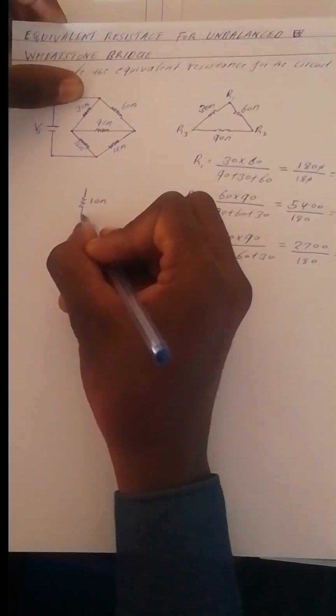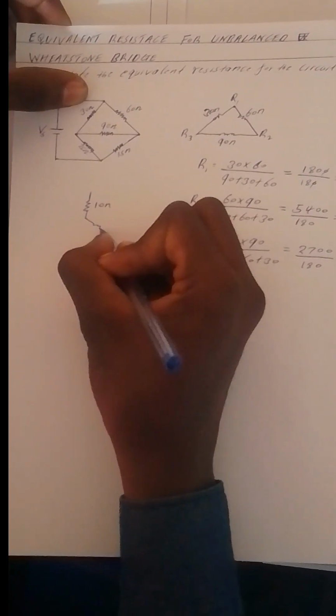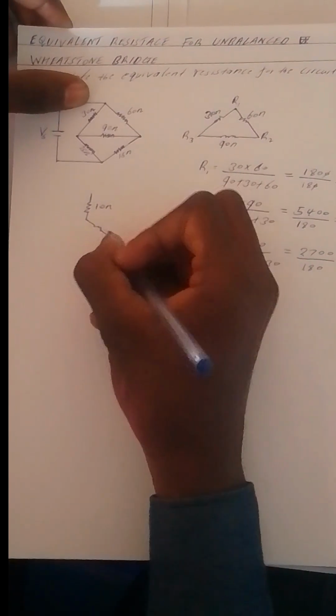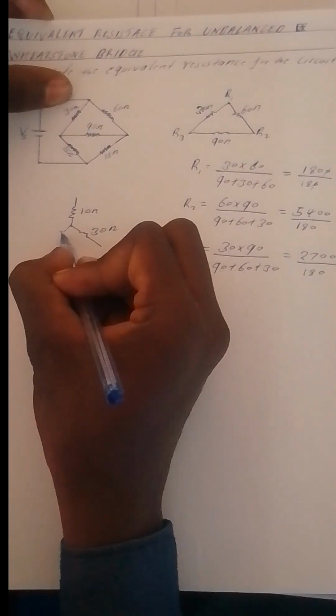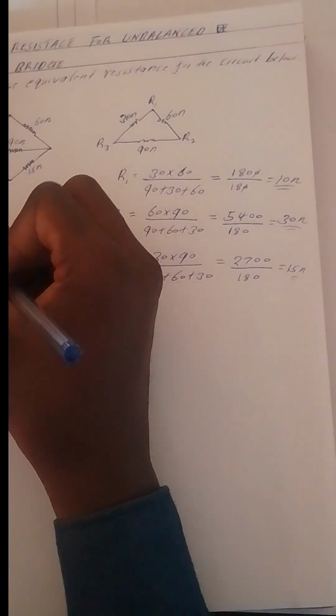Then R2 is on the other side, and R2 is 30 ohms. Then R3 is on this other side, and it is 15 ohms.